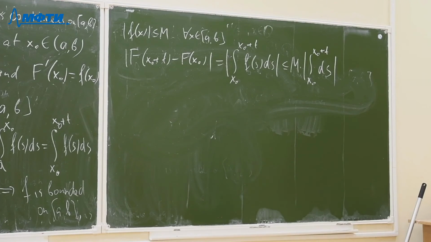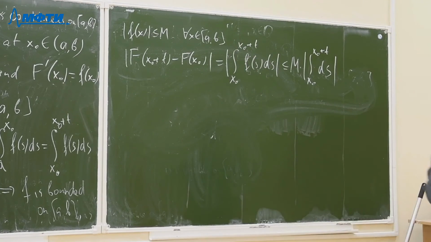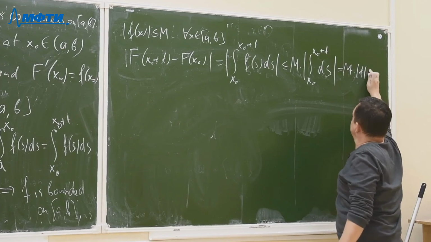Here you should be a little bit careful because t might be negative, and if t is negative, then you firstly should take the opposite direction, then apply the estimate and then go back. And that is precisely M modulo t.